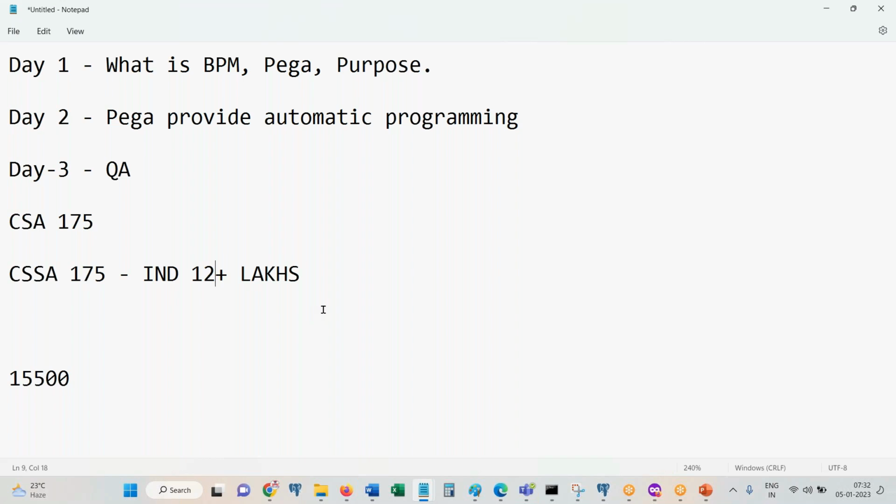And people from USA and other countries, usually coming to USA alone, the minimum they expect is CWSA. Suppose 100 jobs are there in India, 50% may be on CSA, 50% on CWSA. But USA is not like that.